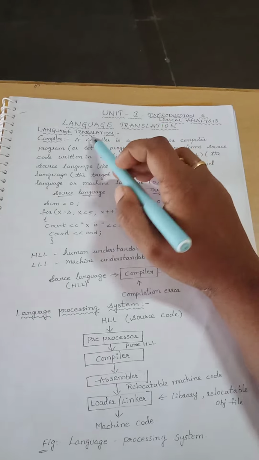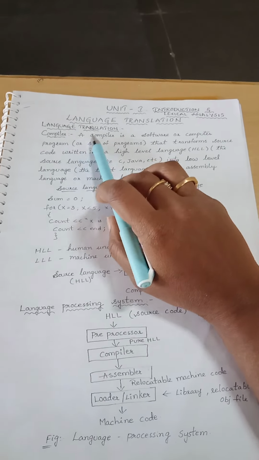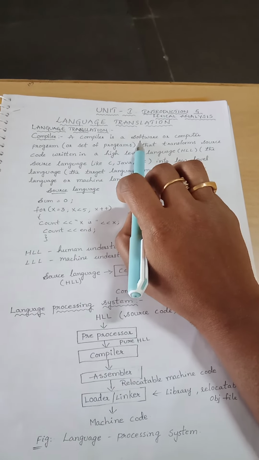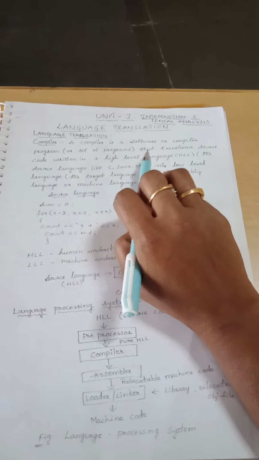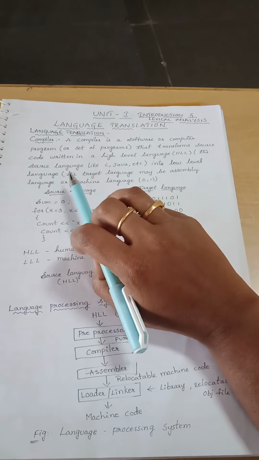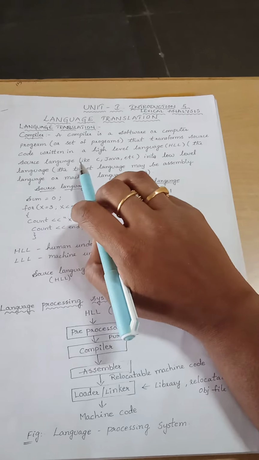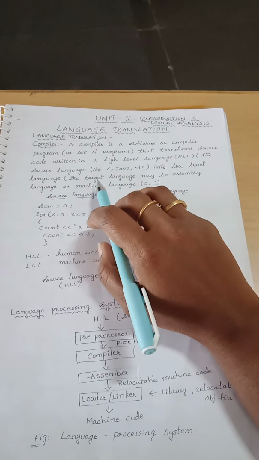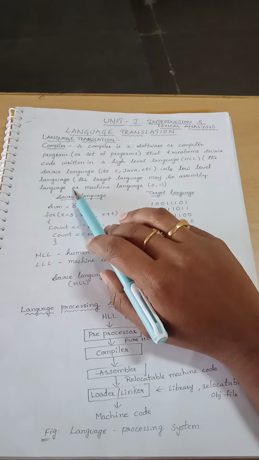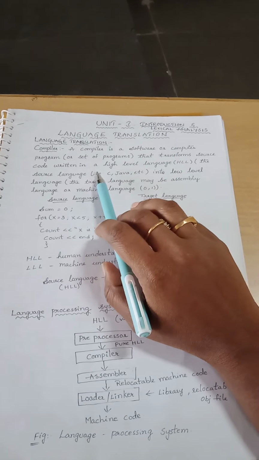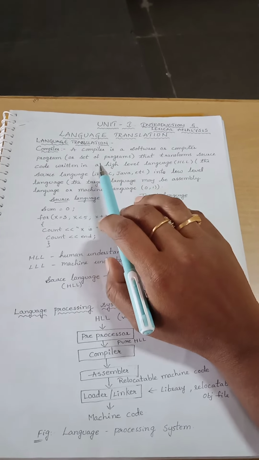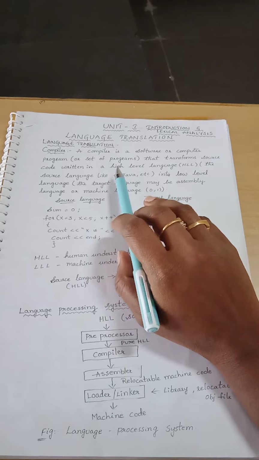In the language translation, we have the compiler. The compiler is nothing but a software, a computer program that transforms the source code written in a high level language (HLL), like C, Java, or C++, into a low level language. Whatever the programmer writes in the high level language is converted into the low level language by the compiler.